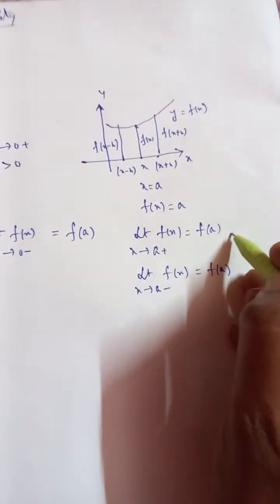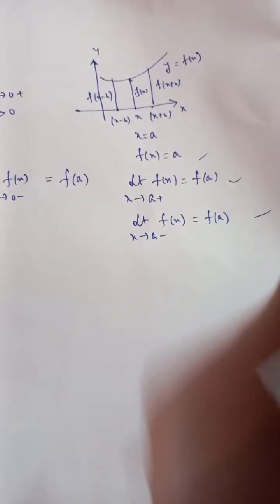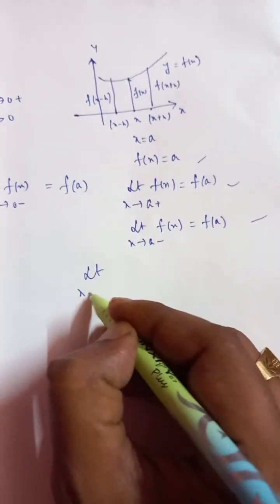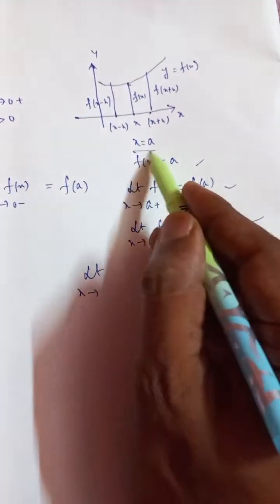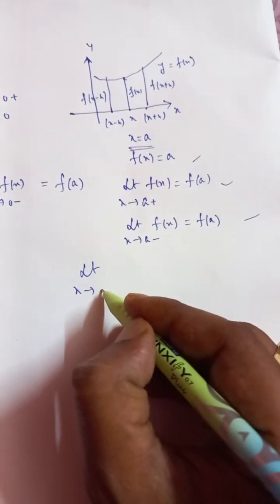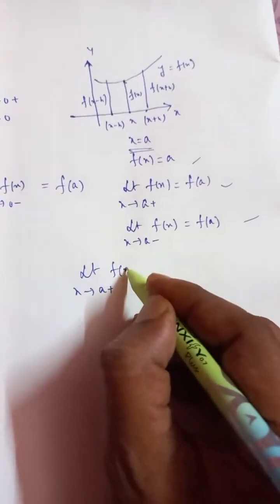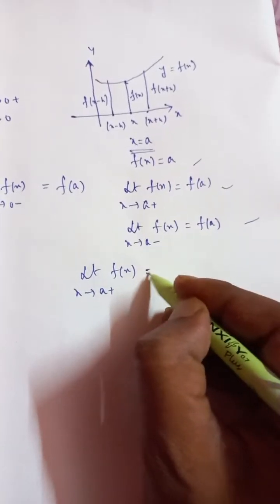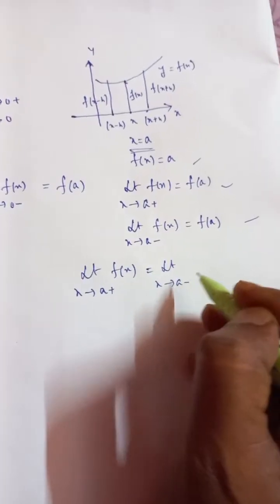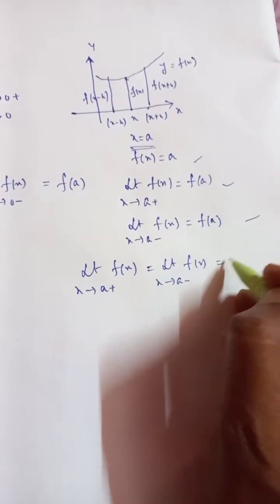If these conditions are satisfied, then we say that limit x tends to a plus f(x) is equal to limit x tends to a minus f(x) is equal to f(a).